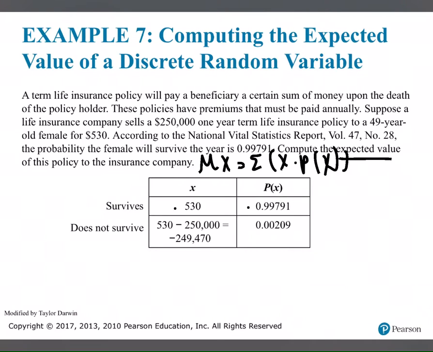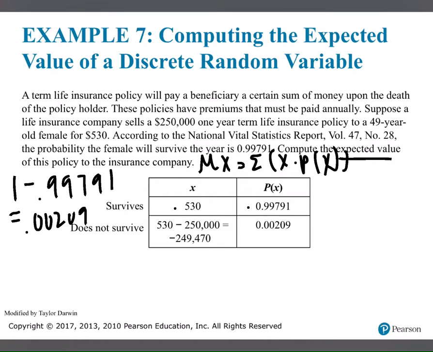And so once we subtract that from the $530 she's already paid, they're out of pocket $249,470. The probability that that would happen is that 0.00209. I got that from doing 1 minus 0.99791. Because if the probability she lives is at 0.99, then to find the opposite, the other, we have to subtract that from 1.